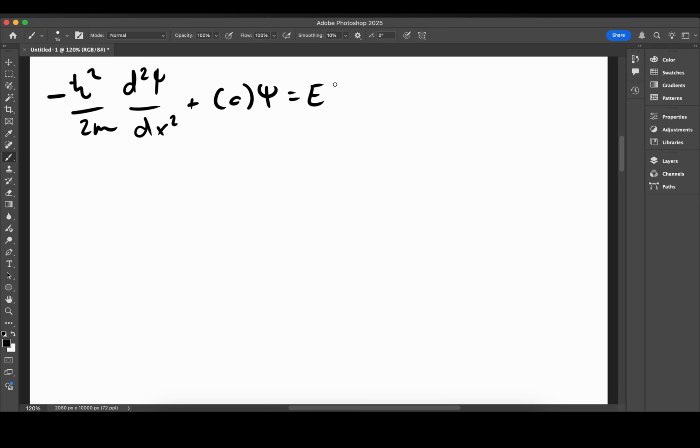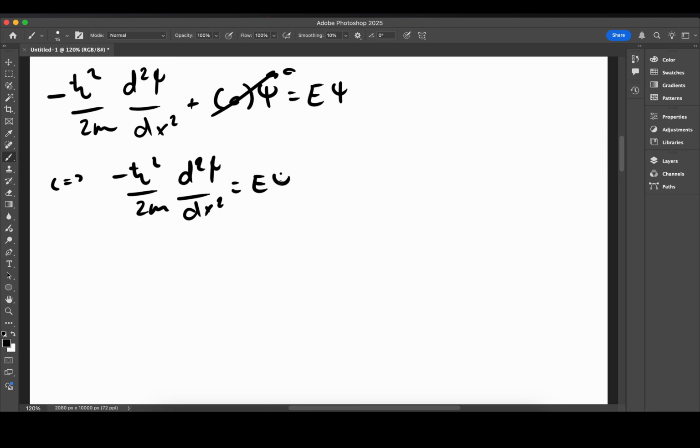This is the energy times psi. Well, this just goes to 0, so we have equivalently negative h bar squared over 2m d squared psi dx squared equals E psi for the inside of the well, because we don't really care about where the particle is not. The potential is 0 where it is, so we just get this.